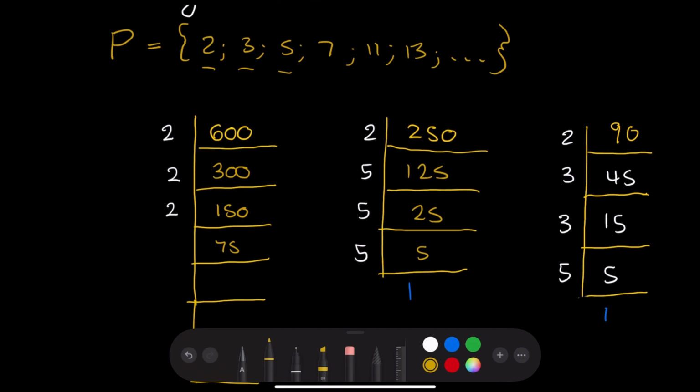And then, can 75 be divided by 2 without leaving a remainder? That's no, right?